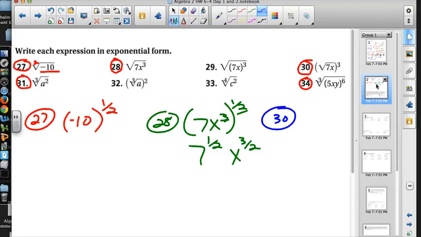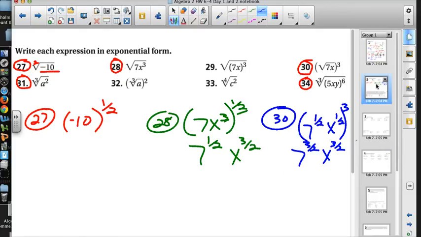Then number 30, we have the square root of 7x, and all of that is being raised to the 3rd power. So that means it was a 7 to the 1/2 and an x to the 1/2. Following the order of operations, and then I would have to cube it. So that's going to be 7 to the 3/2 and x to the 3/2. And again, think order of operations when you're working through these. This is the golden rule of algebra.